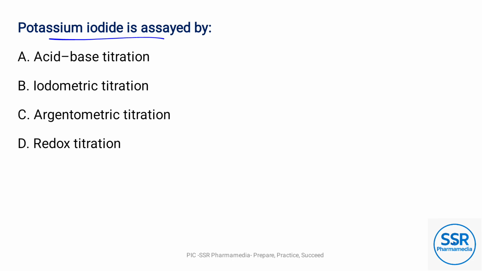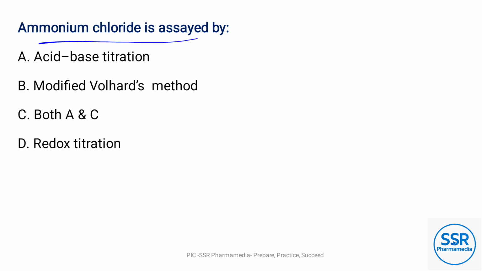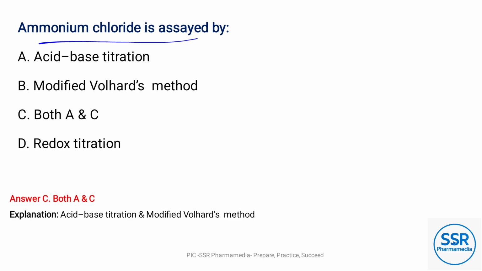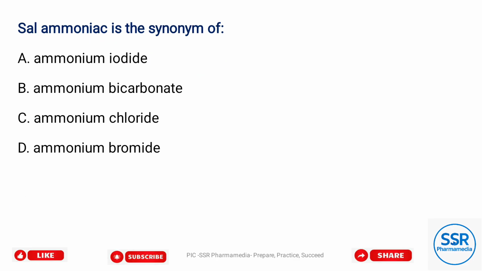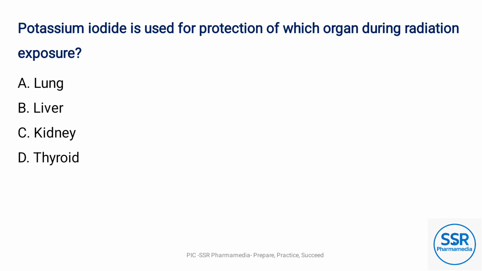Potassium iodide is assayed by option C, argentometric titration. Ammonium chloride is assayed by option C, both acid-base titration and modified Volhard's method. Salt ammoniac is the synonym of option C, ammonium chloride. Potassium iodide is used for protection of which organ during radiation exposure?